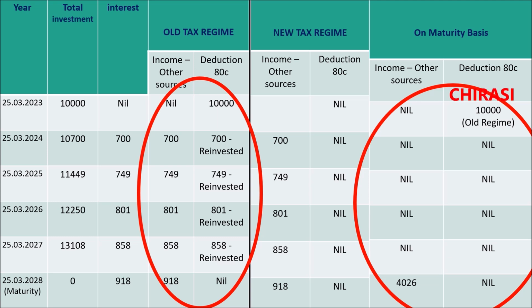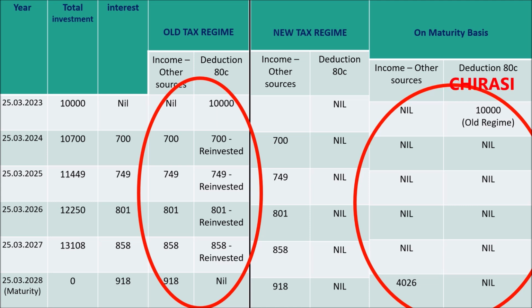Similarly, for the 5 years, the income has to be included as 749, 801, 858, 918. So, in the new tax regime, you cannot claim for the investment, but at the same time, you can show it as other income. The last one is on maturity basis.